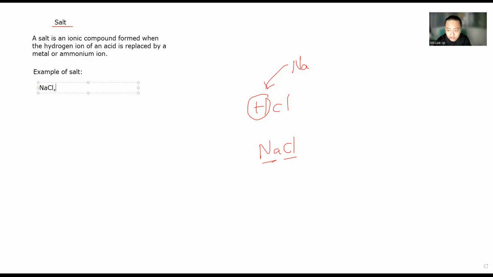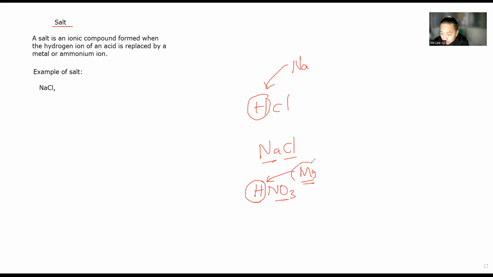So what else? For example, we have another acid, HNO3, nitric acid. This one I am going to replace with another metal, for example Mg.